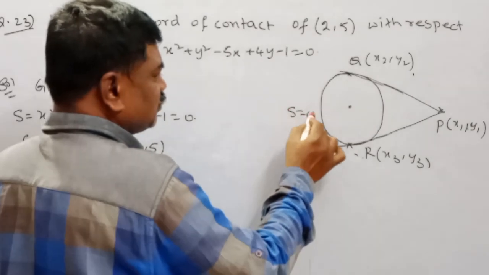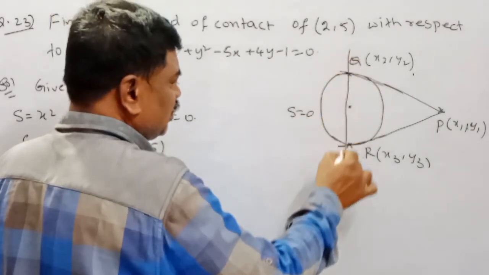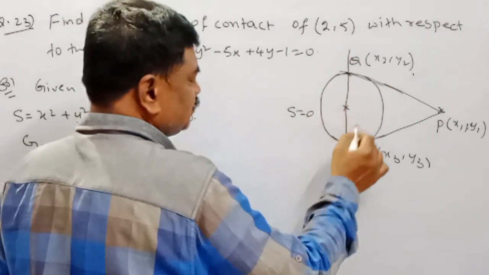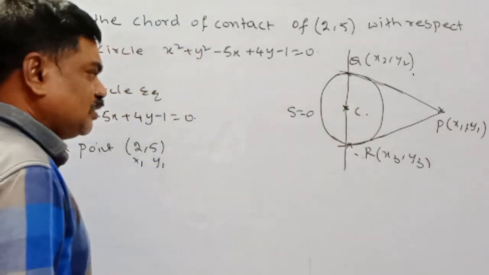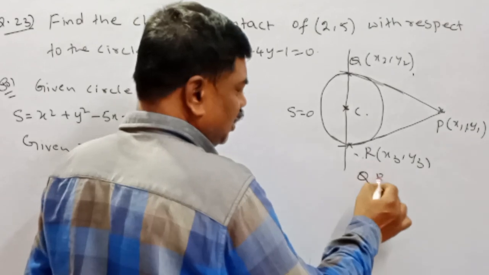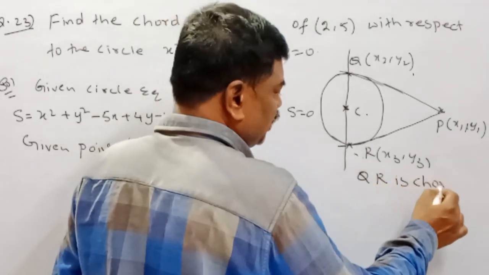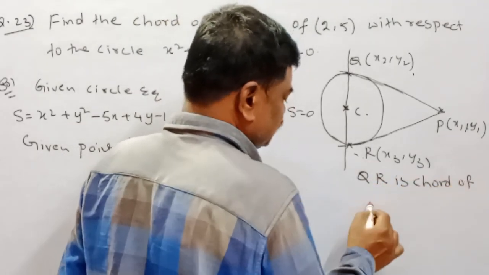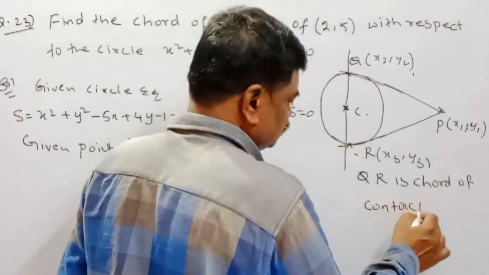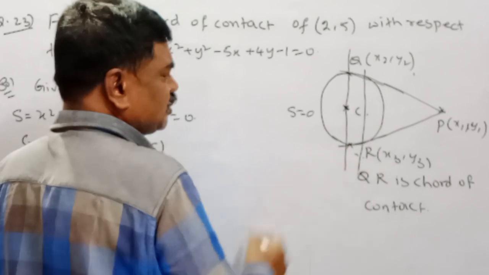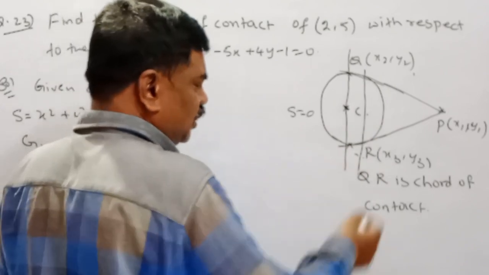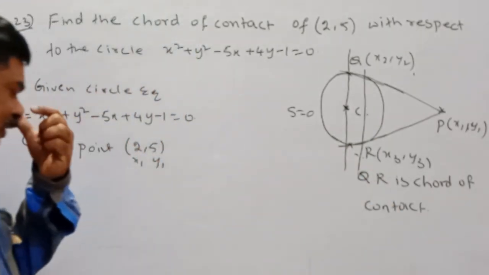This is the circle equation and this is the center of the circle. Here QR is the chord of contact. Any line joining the two points of tangency is the chord of contact. Okay, all of you, this is the chord of contact.